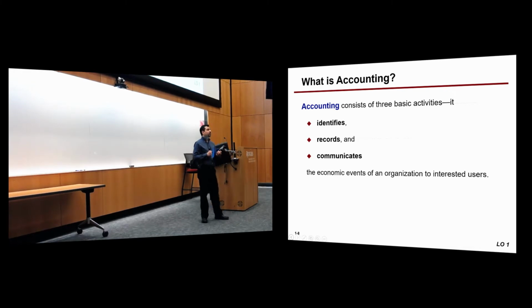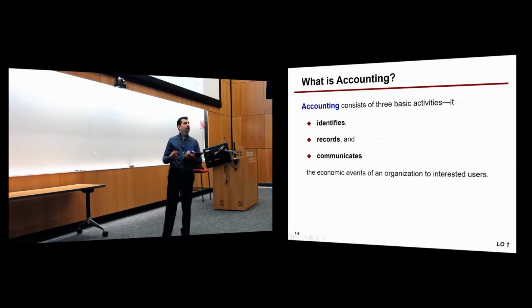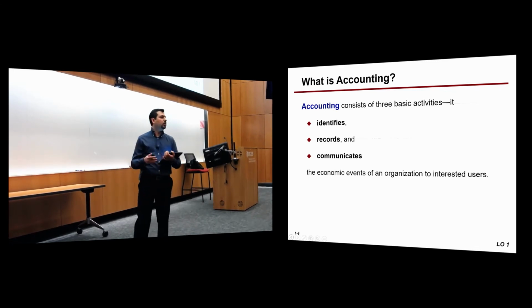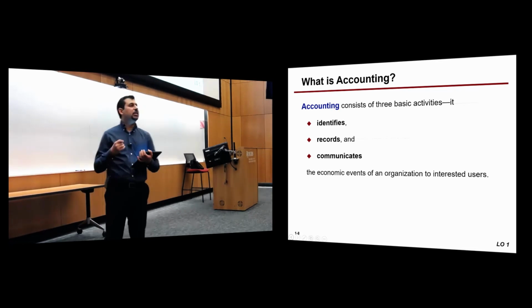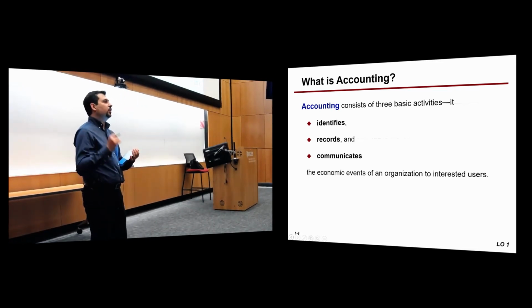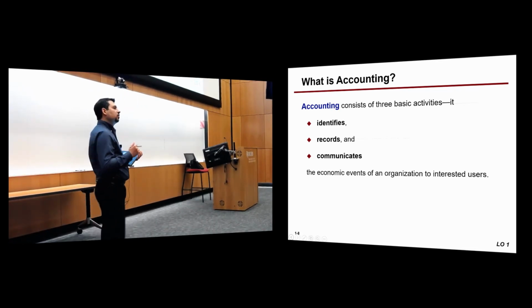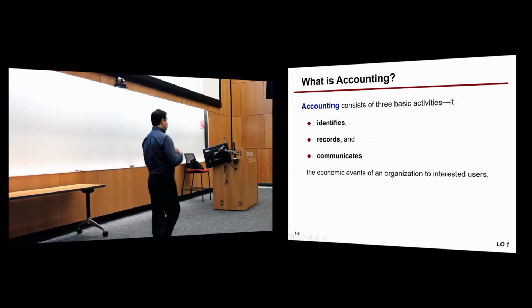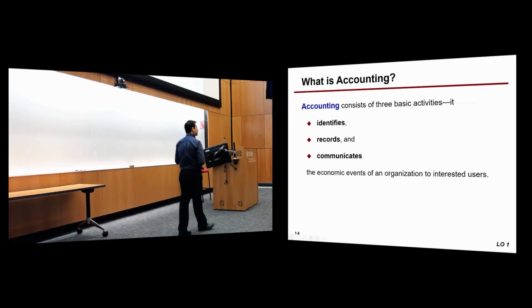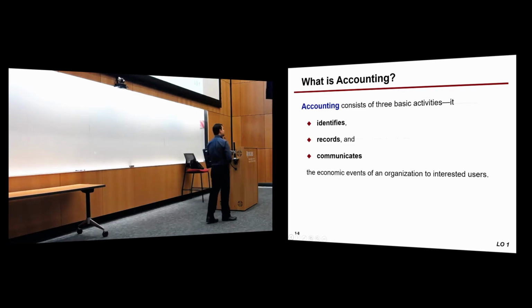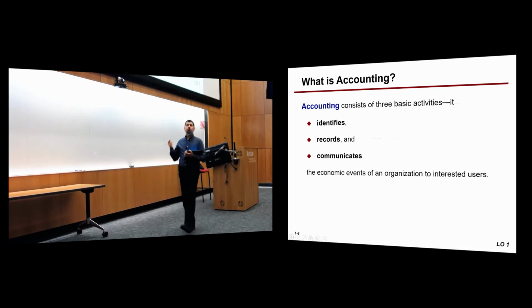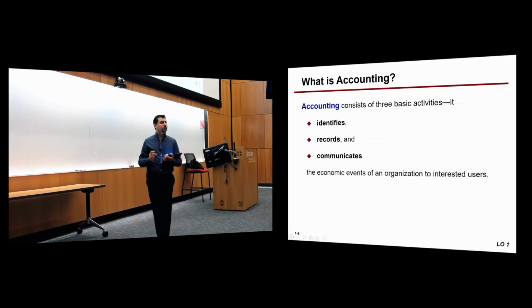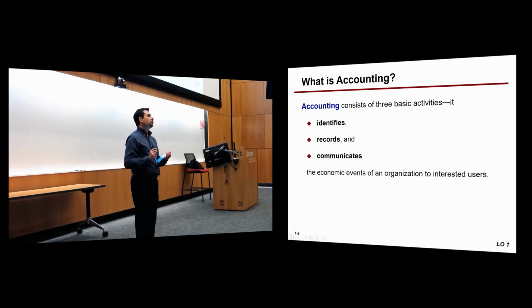In financial accounting, the financial statements are made publicly available so that investors and creditors and all these people will be able to look at it and see, okay, this company is doing well. Let's invest in it. Let's approve their loan application, etc. So the role of accountants is to identify those economic events that need to be recorded, and after recording them, to communicate that information to various stakeholders.